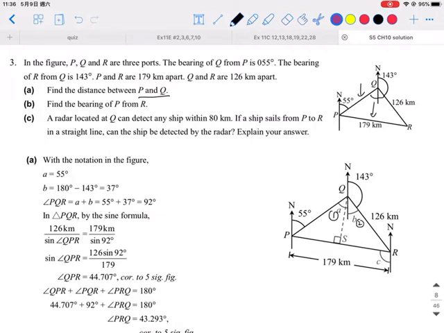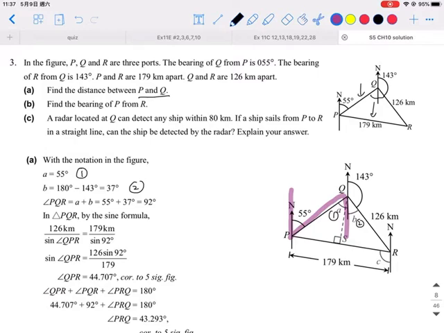For the first part, A is equal to 55 degrees because of alternate angles. And then for the second part, B, it's 180 minus 143, which is easy. And then the third part is PQR.